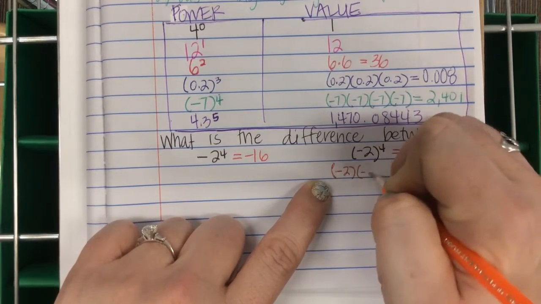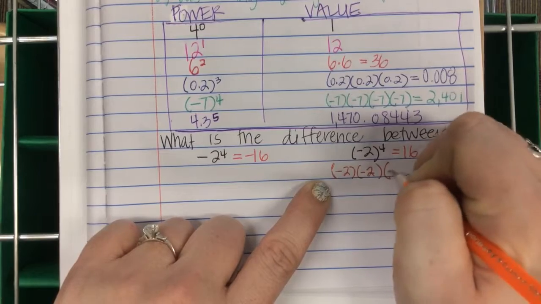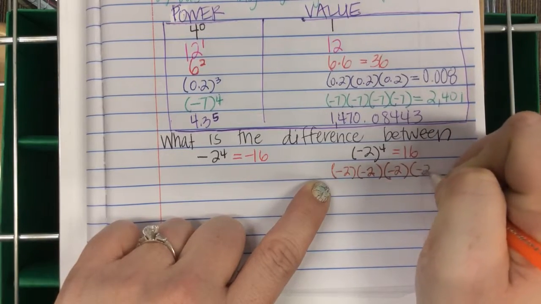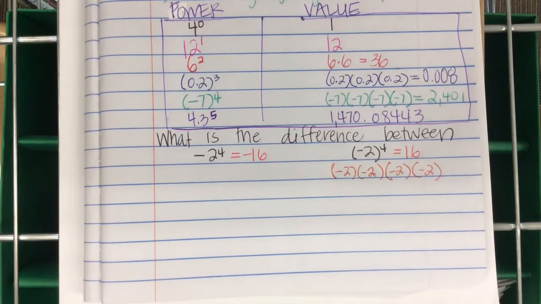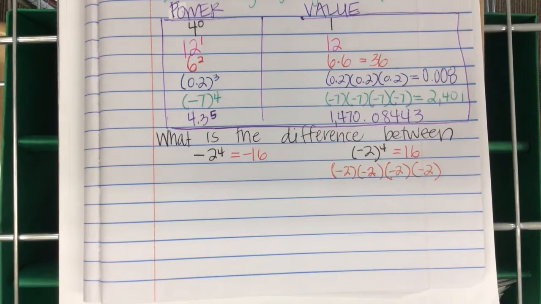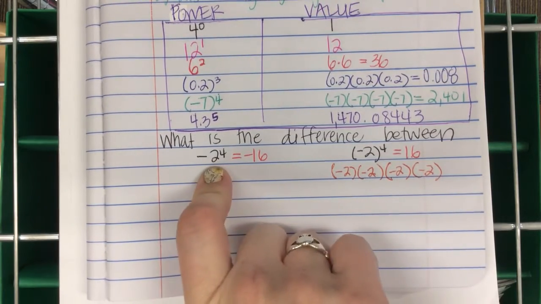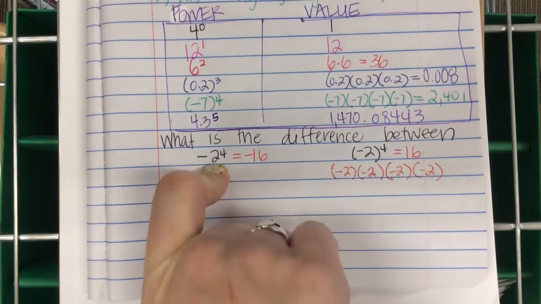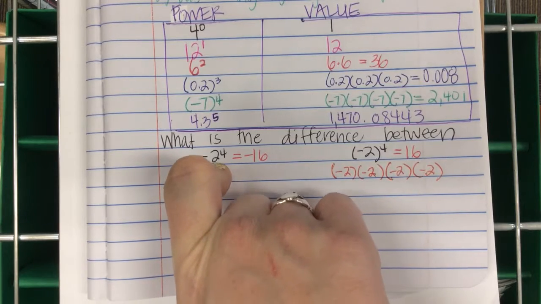Negative 2 times negative 2 times negative 2 times negative 2. You're right. That's what it means. But this one does not mean negative 2 times negative 2 times negative 2 times negative 2.